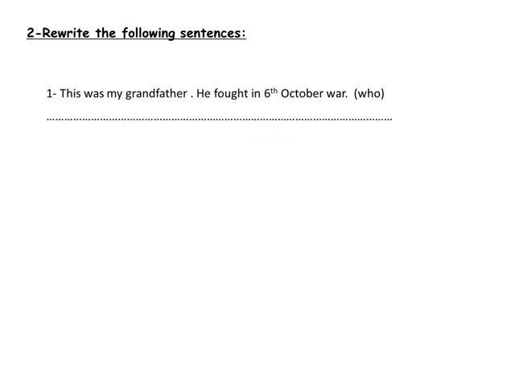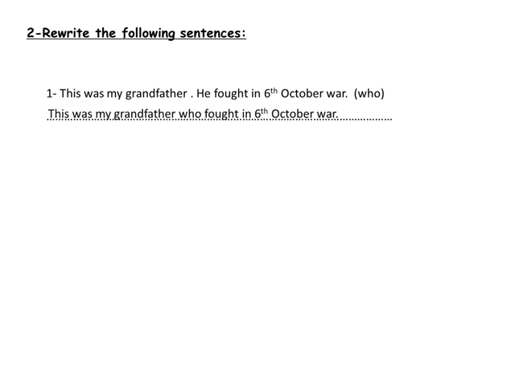Exercise 2, you have to rewrite the following sentences. Of course, using who or that. Okay. Number 1, this is my grandfather. He fought in 6th of October War. I want you to join the two sentences using who.